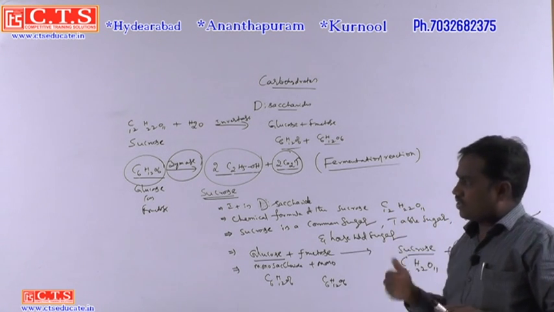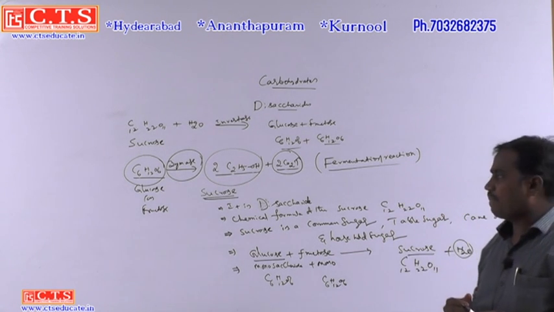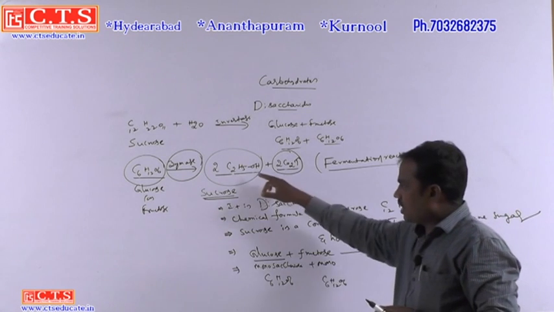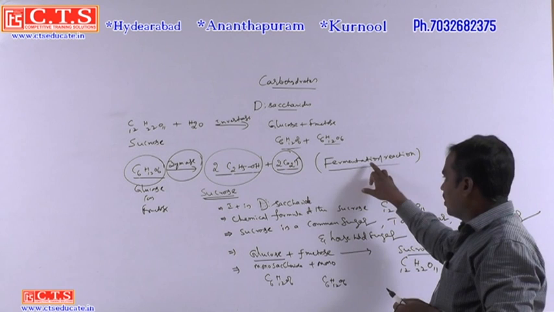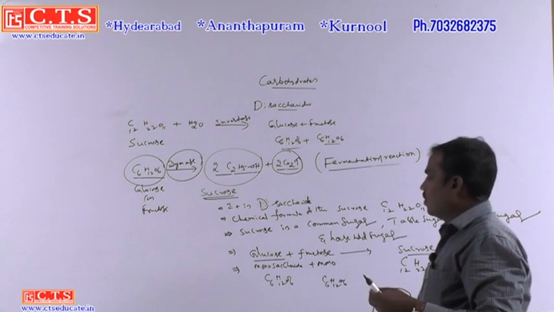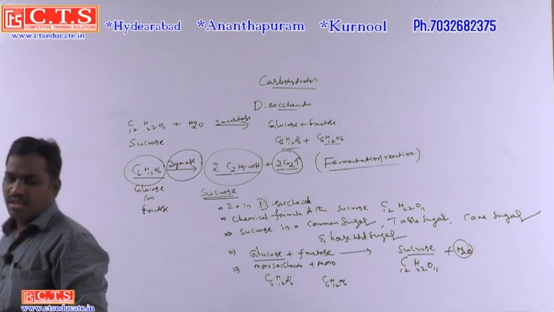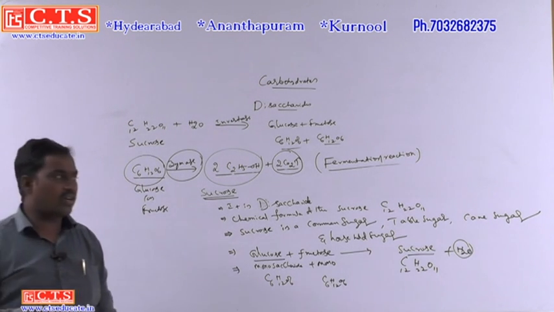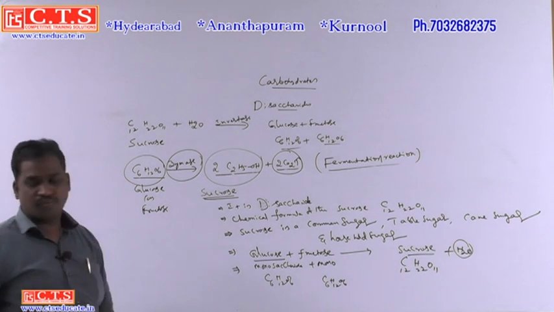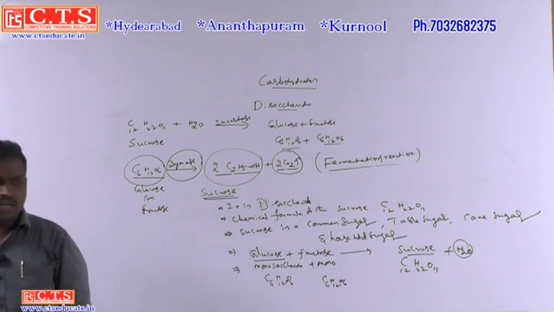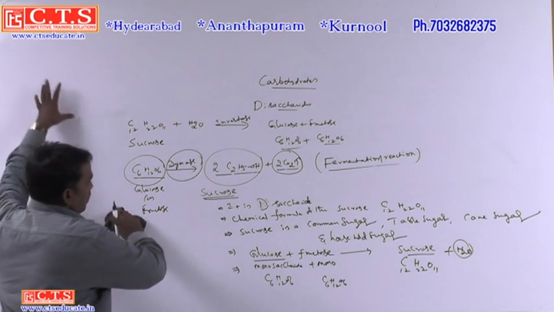When glucose or fructose is in the presence of zymase enzyme, 2 moles of ethyl alcohol and carbon dioxide are obtained. The name of the chemical reaction is called fermentation reaction.